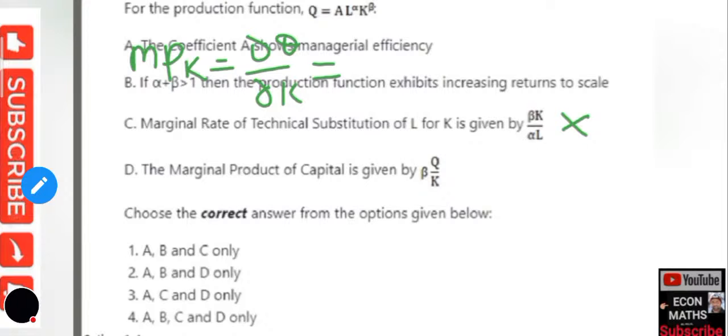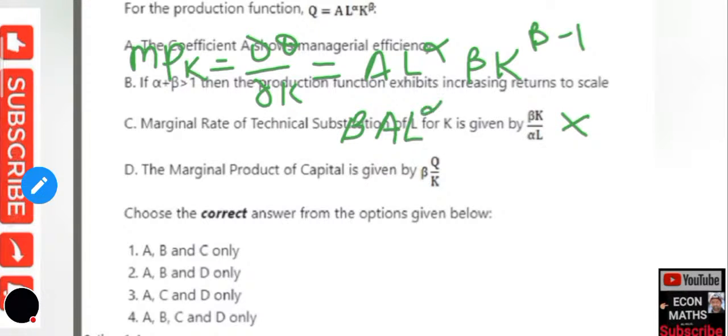Now partially differentiating, we have a L to the power alpha. Now k to the power beta will become the coefficient beta, and beta is subtracted by 1 by the law of differentiation. So we can write it as beta L to the power alpha, k to the power beta, and k to the power minus 1.